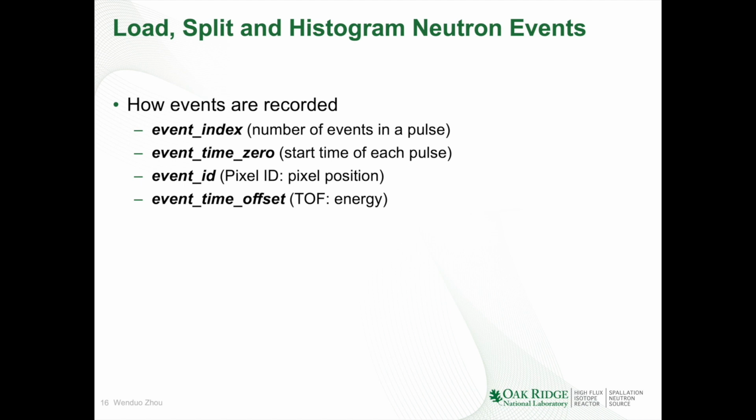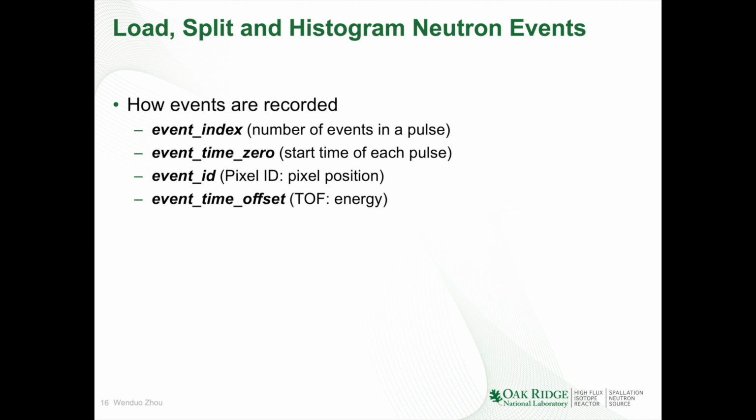Thus, in the NeXus file, the neutron events are recorded as a list of pulse times. Each pulse is about 0.5 seconds apart, and it might drift in the long run, along with the number of events in each pulse.